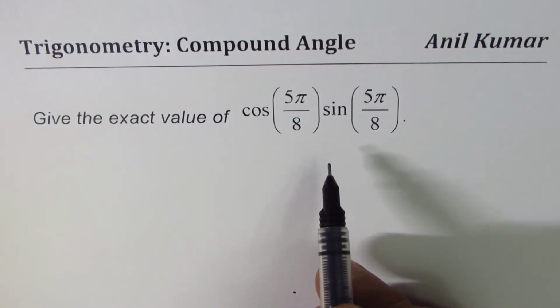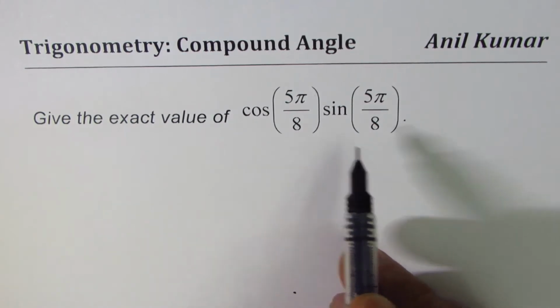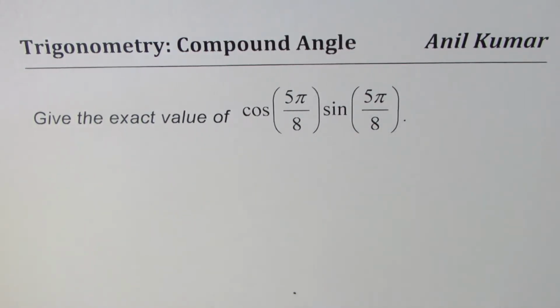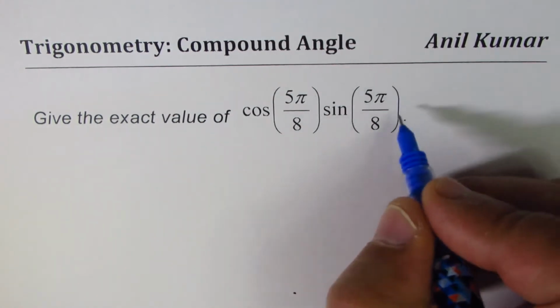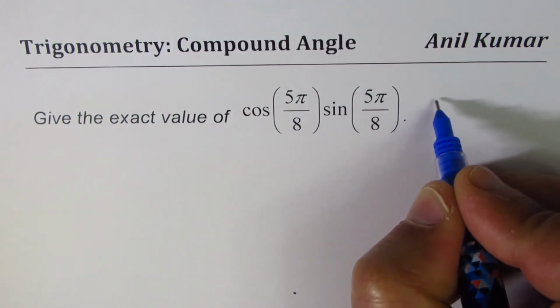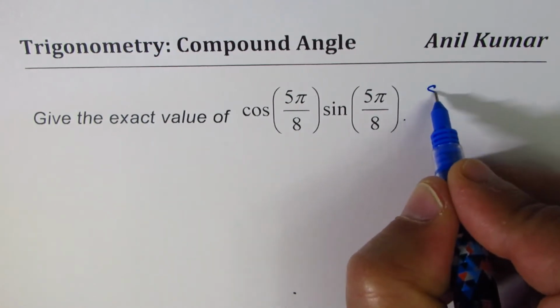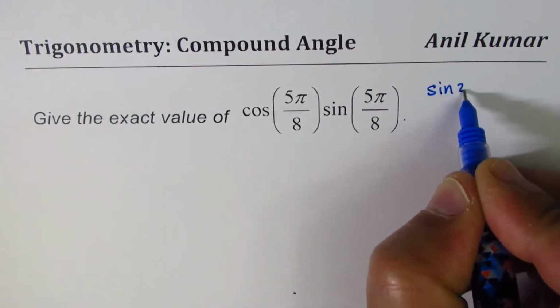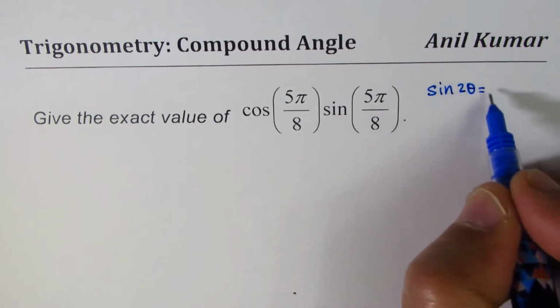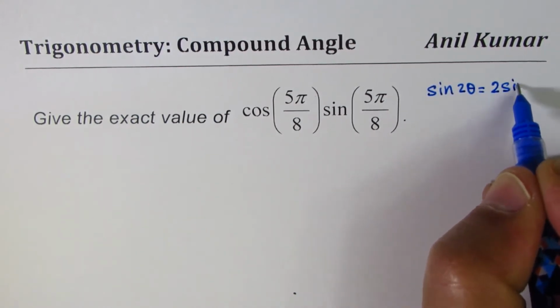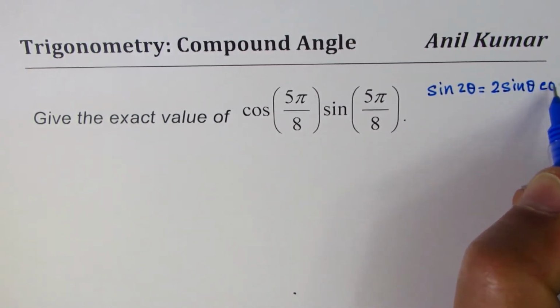Let me write down the formulas which we will use first. That should help you to understand. One formula which we are going to use is sine 2 theta. Sine 2 theta is 2 sine theta cos theta, correct?